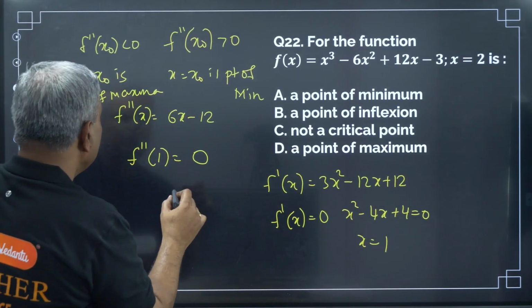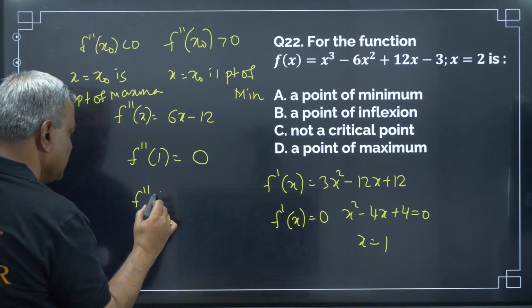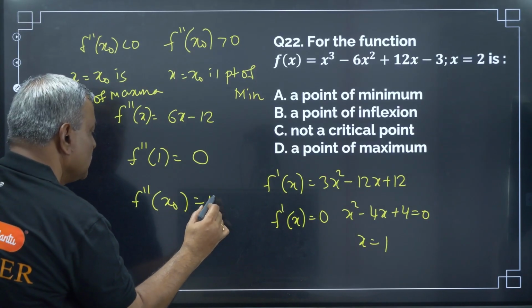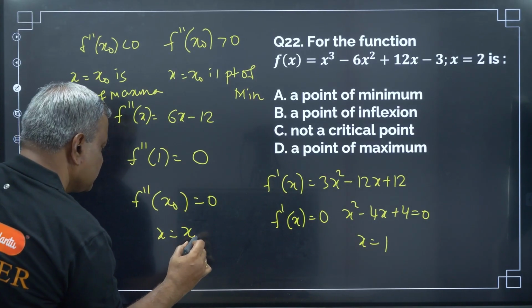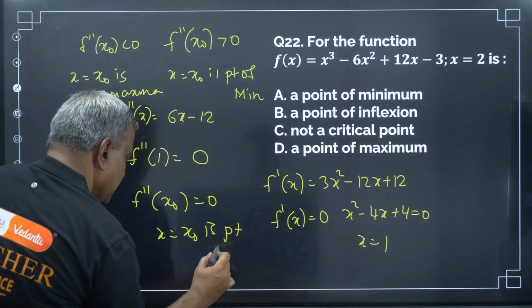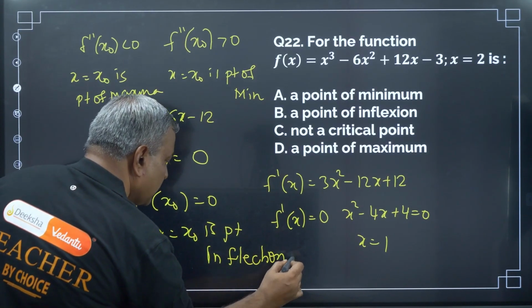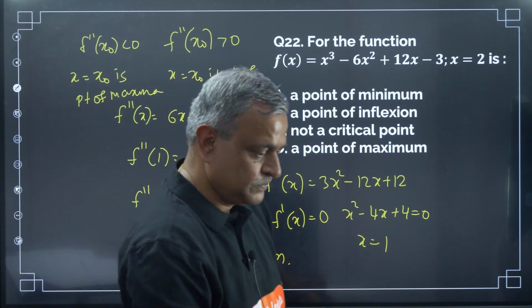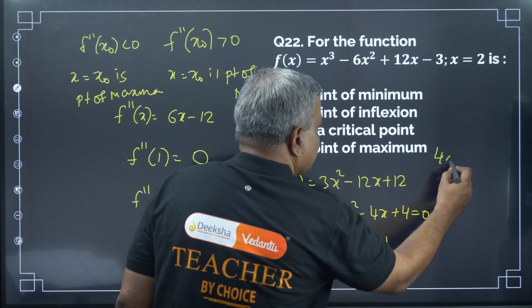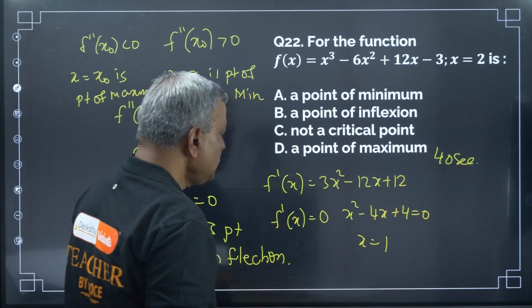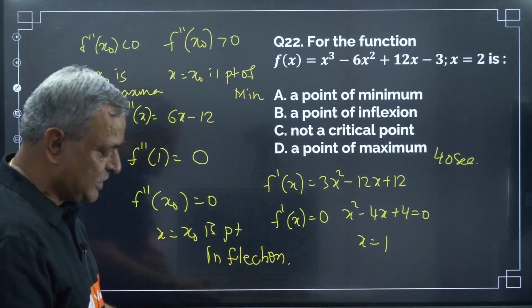But if f double dash x0 is equal to 0, then we say x equal to x0 is a point of inflection, neither maxima nor minima. Write down please. This will take maximum 40 seconds, because you just have to find the derivative and check.